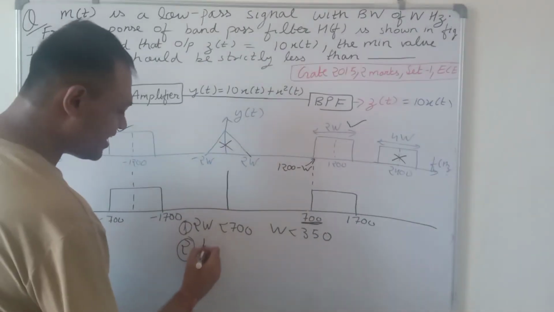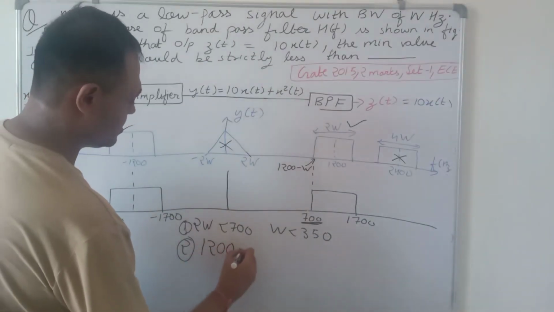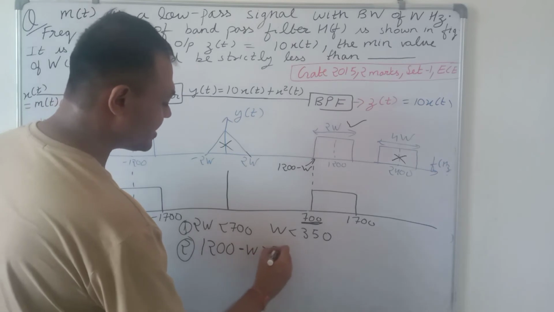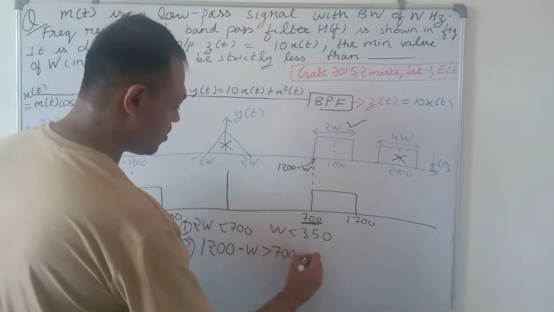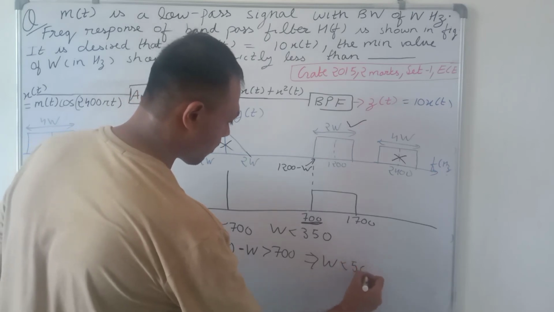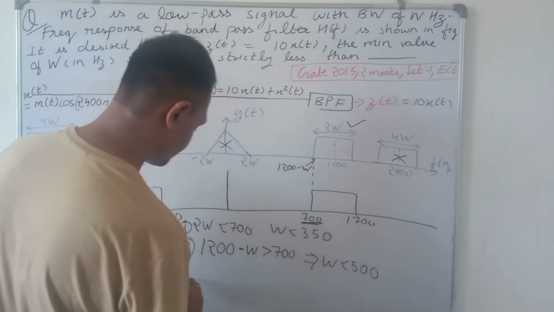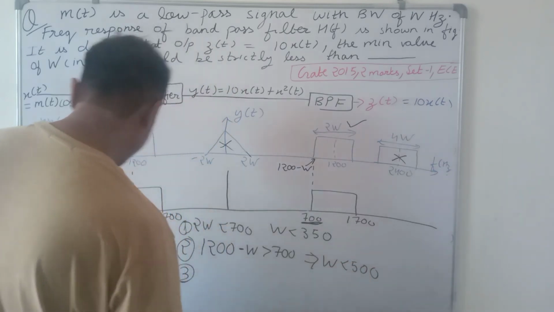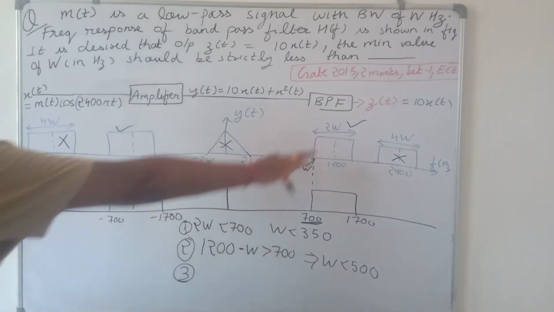So 1200 minus W must be greater than 700, or we can say that W must be less than 500. This is the third condition to accept this signal.